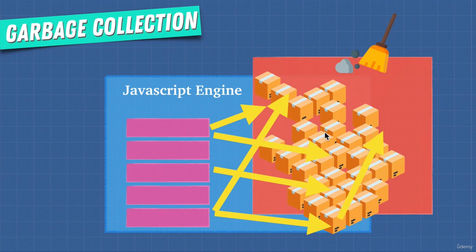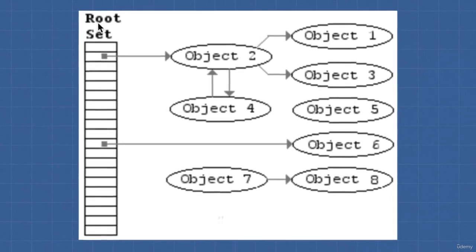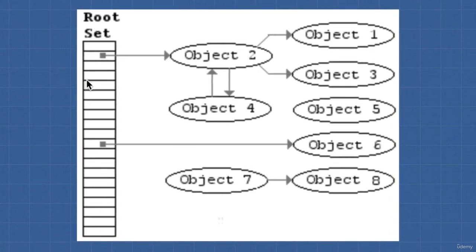So how does garbage collection actually work in JavaScript? Well, it uses something called mark and sweep algorithm. And this is a great video that shows how it works. Imagine on the left here are variables that we have in our program. And these variables point to different objects. And perhaps an object points to another object, and so on and so forth.